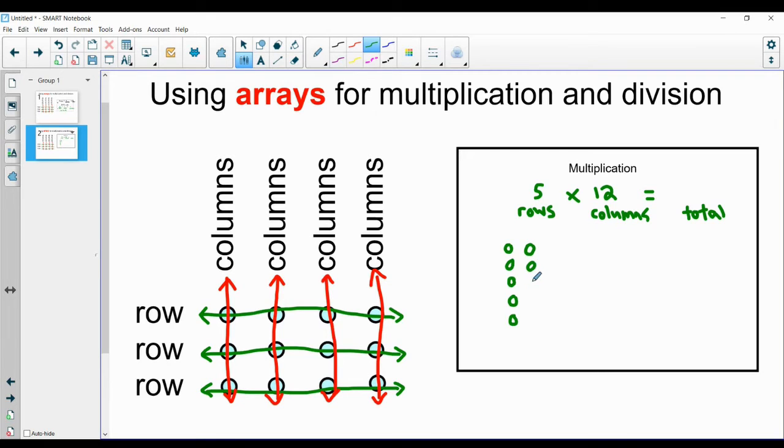This is column number 2. Here's column number 3. Here's column number 4. If you were drawing this on paper, it would be much faster, but I'm using the Chromebook right now, so it's slow. This is column 5. And column 6.